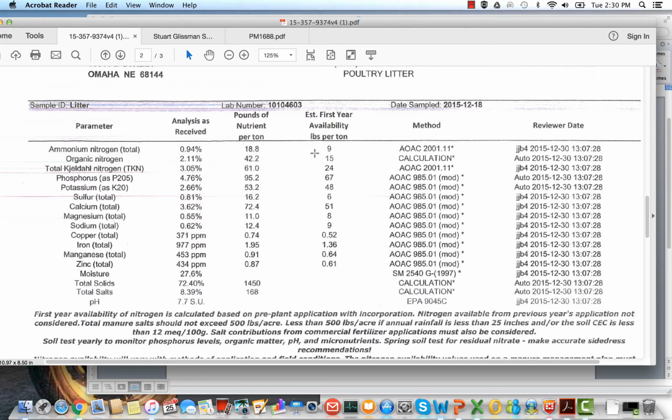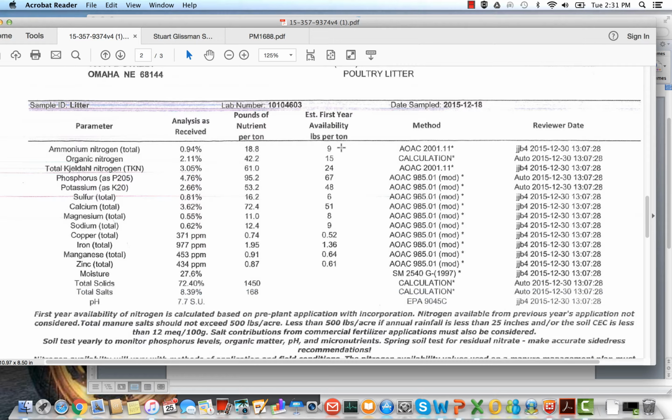All right, so total nitrogen, and this is no-till. So frankly, I probably can't take full credit for that ammonia. I'm going to discount that ammonia number down to 3 and pray for a little rain. So now 3 pounds of ammonia nitrogen. Now, where did I come up with that number? To be honest with you, I kind of pulled it out, and I made that one up.